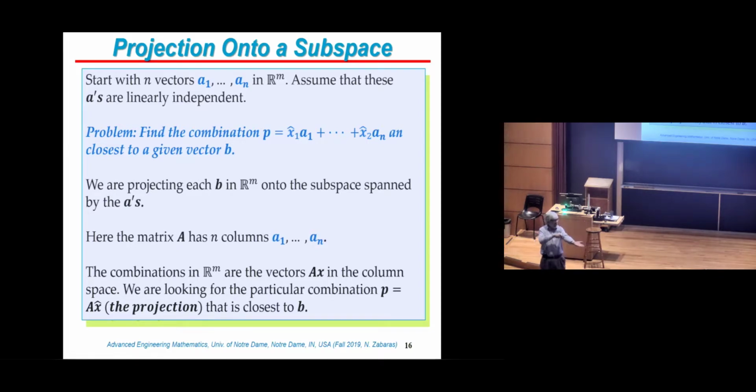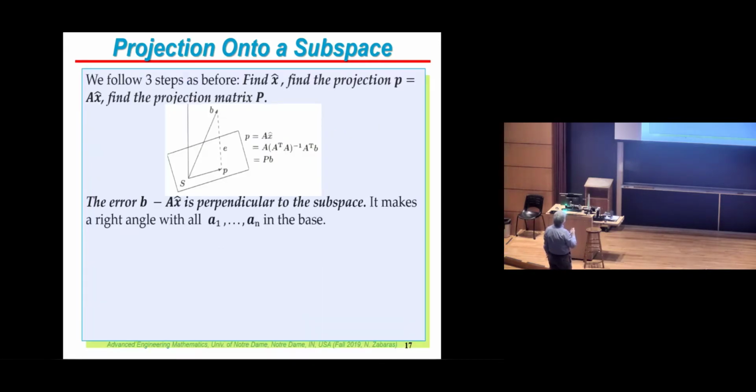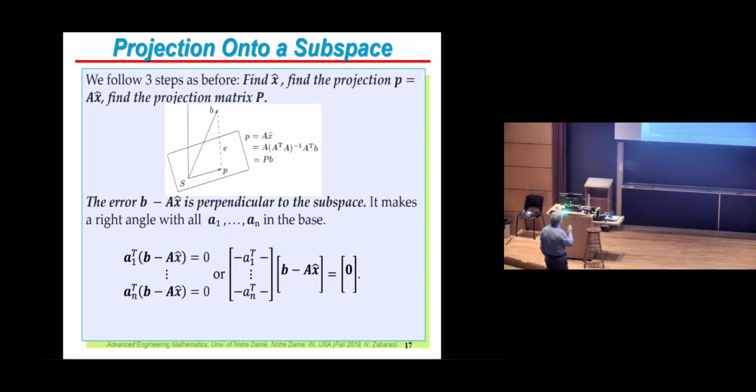Think of the plane, right? You have a vector A1, a vector A2, whatever defines that plane. The error is orthogonal, so the vector has to be orthogonal to every basis vector in that space. So basically we need the error. Don't pay attention to the equations.